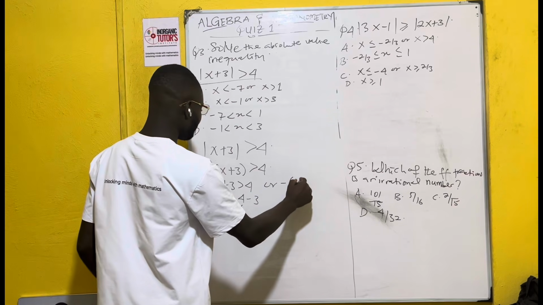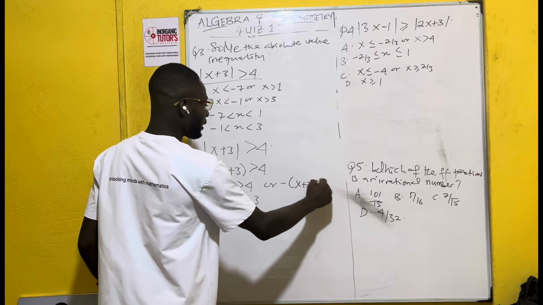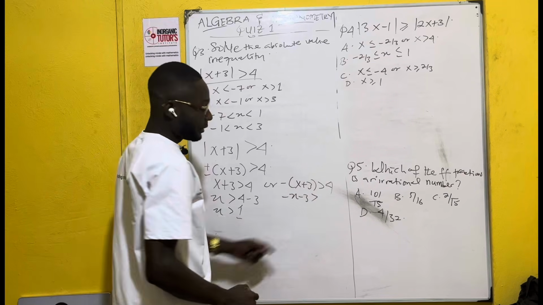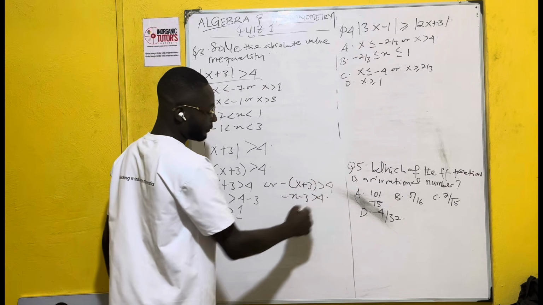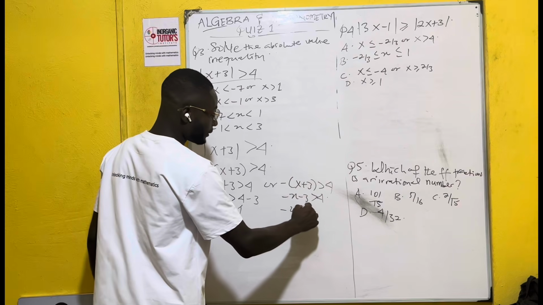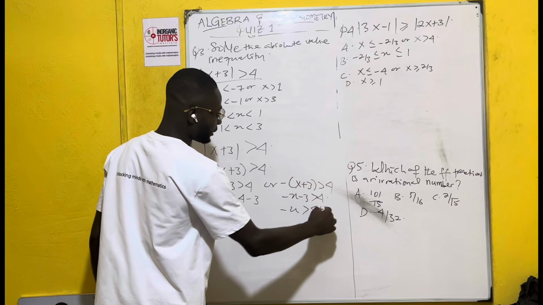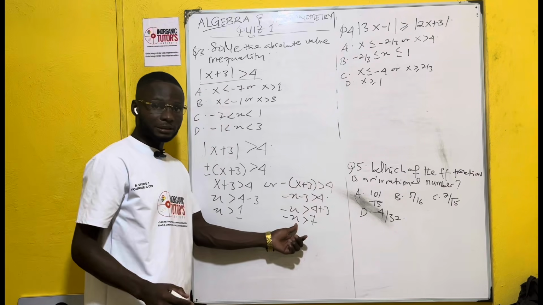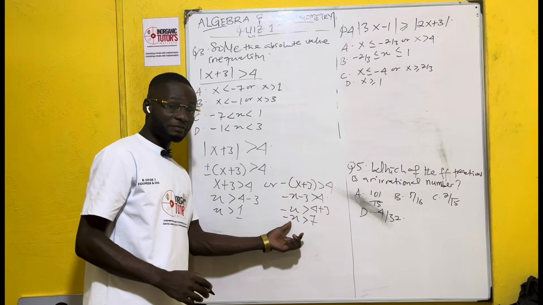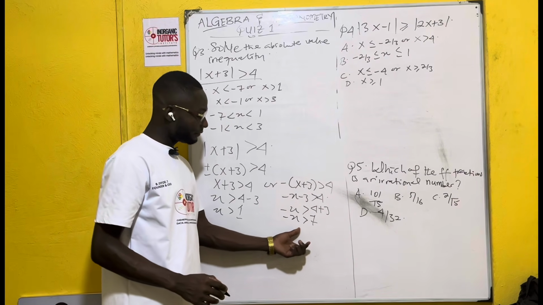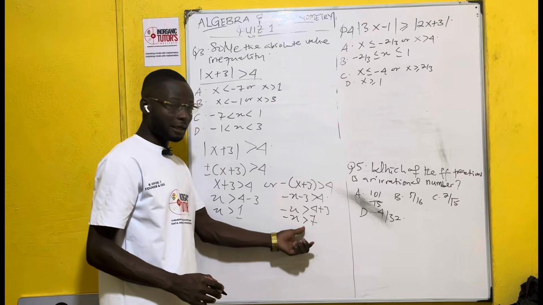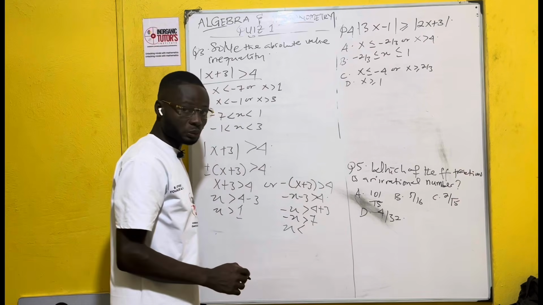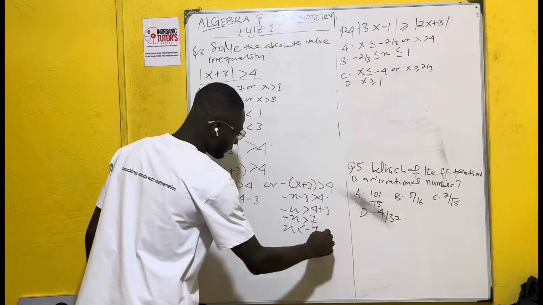Or negative into x plus 3 greater than 4. So you have negative x minus 3 greater than 4, so minus x greater than 4 plus 3, so minus x greater than 7. We need x, not negative x, and you know that if you divide an inequality by a negative value, the sign changes, so you have x less than negative 7.